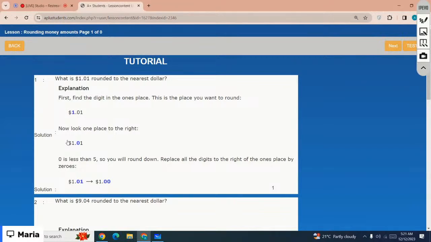That is $1 and 1 cent, right? You have to see the digit right next to the decimal point. That is 0, and 0 is less than 5. That means you have to round on the same dollar. So 1.01 is rounded off to $1.